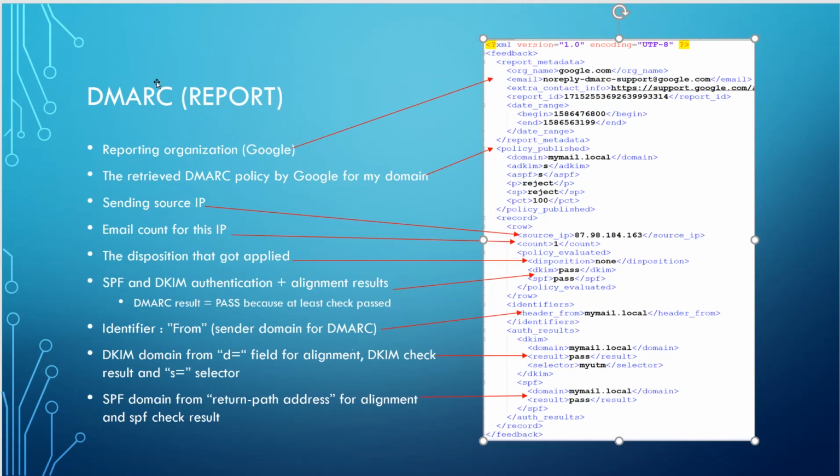Then we've got the SPF domain check. The SPF domain is from the return path address domain, and it will be used for the alignment check with the one in the identifier. And we have the result of the SPF authentication, which is passed, which means that the IP was indeed authorized to send email from my domain.